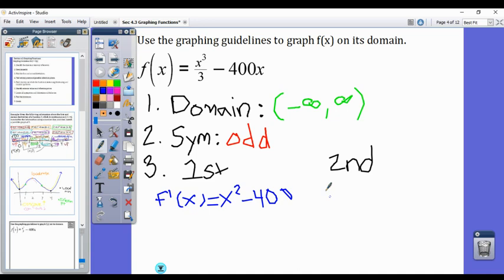And my second derivative, we will get 2x. Okay. All right. Step number 4, finding our critical and our inflection points.